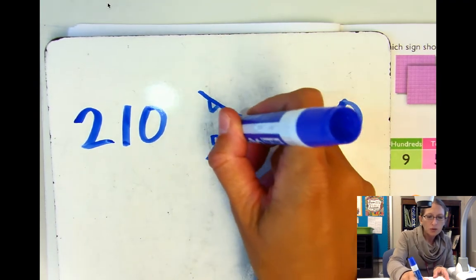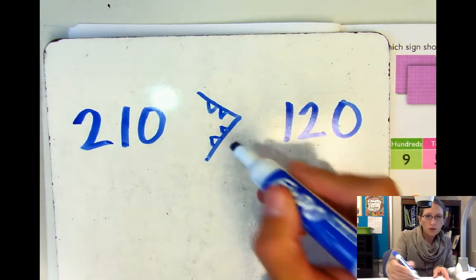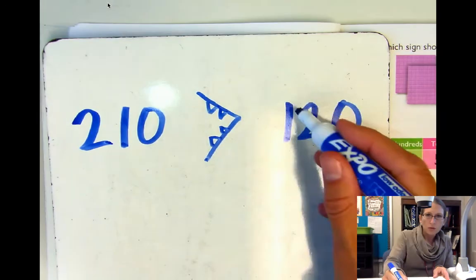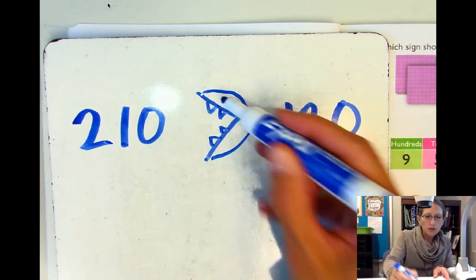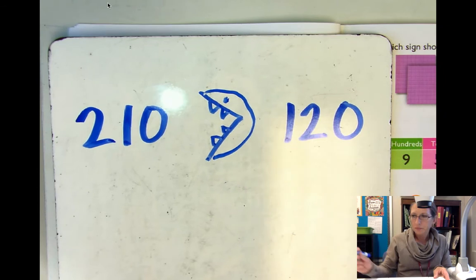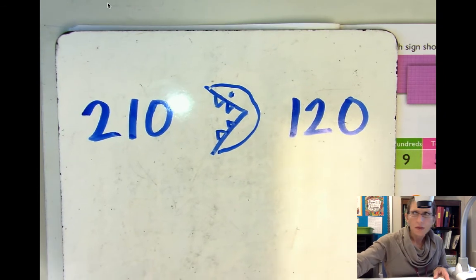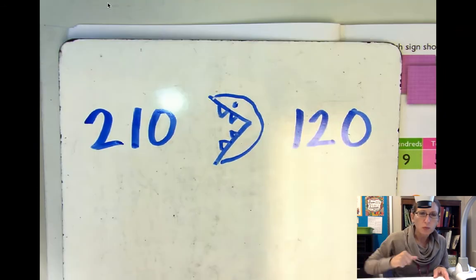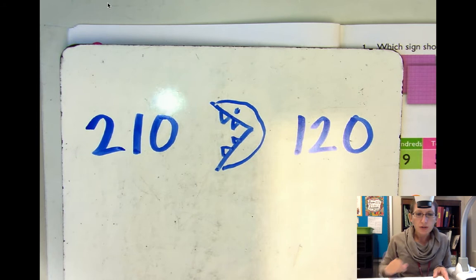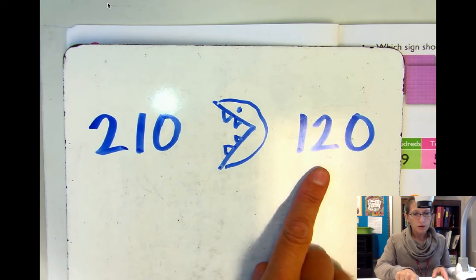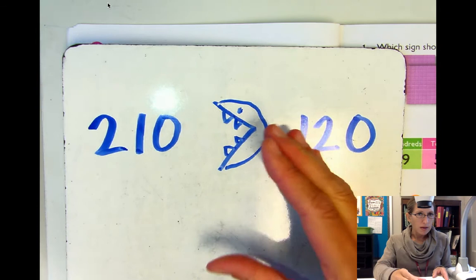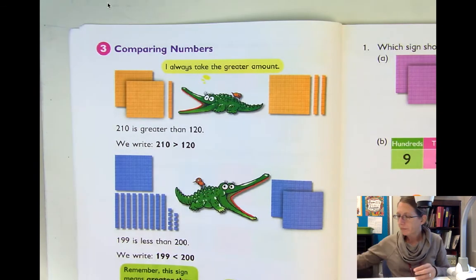And again, draw little teeth if it helps you. I suppose we don't really have a lot of space to draw an alligator, but if you wanted to, you could. I just like to make a little creature like that. Kind of like a Shel Silverstein creature, isn't it? Okay. So 210 is greater than 120. And that greater than means that it's bigger.